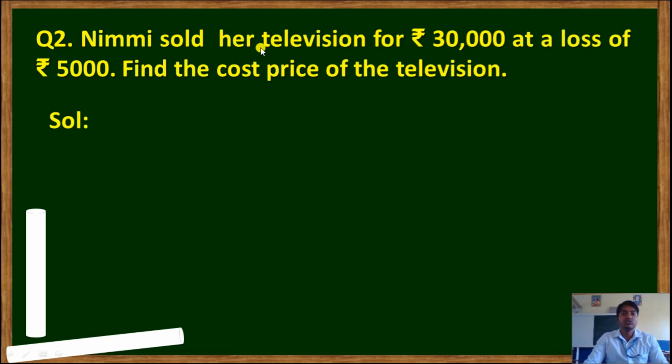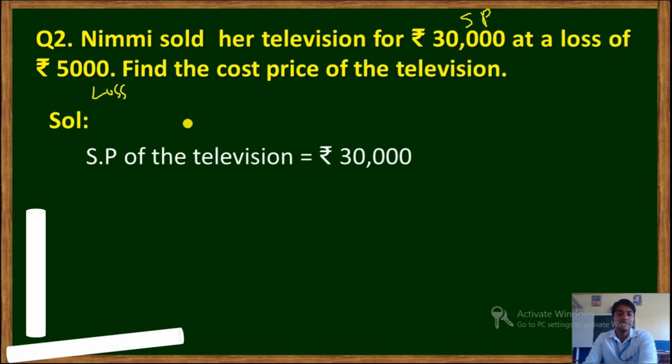Next, Nimi sold her television for rupees 30,000 at a loss of 5,000. Find the cost price of the television. Selling price is given here, and this is the loss.